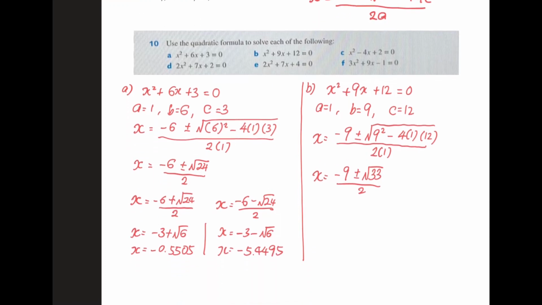Okay, now after we reach here, we can separate them into two parts. The first part we take the positive, square root of 33 over 2. The second one we put like this, over 2. Then, let's simplify this.